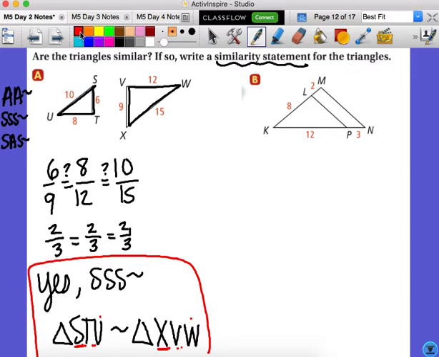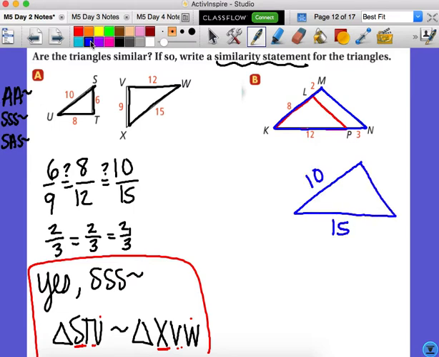Now for part B, we've got to kind of be careful because our triangles here, we've got this smaller one where we have 8 and 12, but we also have a larger triangle that is 10 by 15, right? If we redraw that here, we've got a total of 10 and 15.